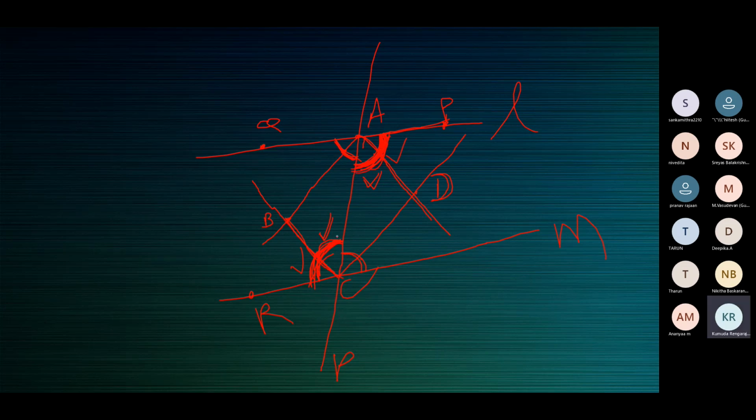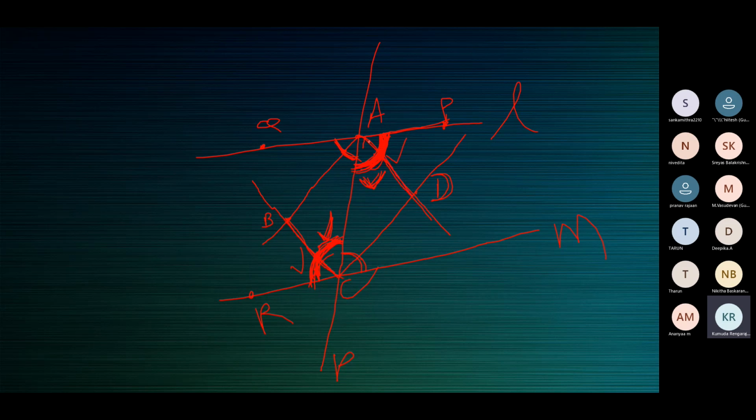So this whole angle is equal to this whole angle. Alternate interior angles are equal. Half of this angle will be equal to half of this angle. But you see these two angles, this one and this one, they themselves form a pair of alternate interior angles.